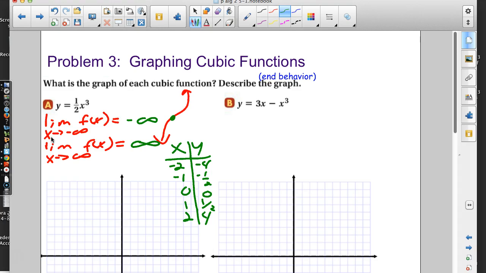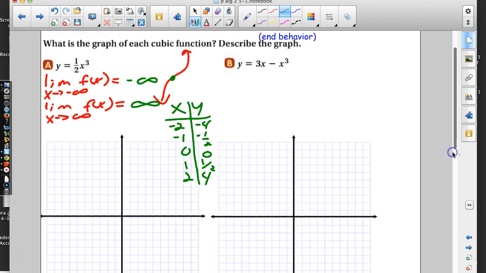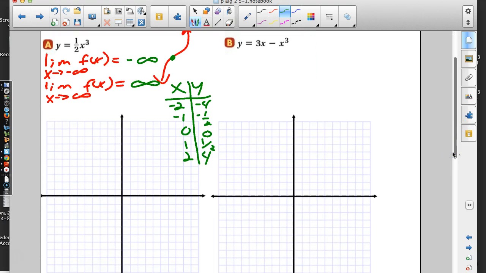So I have to make it look like it's almost straight up and down at those points. So let me slide this up a little bit.